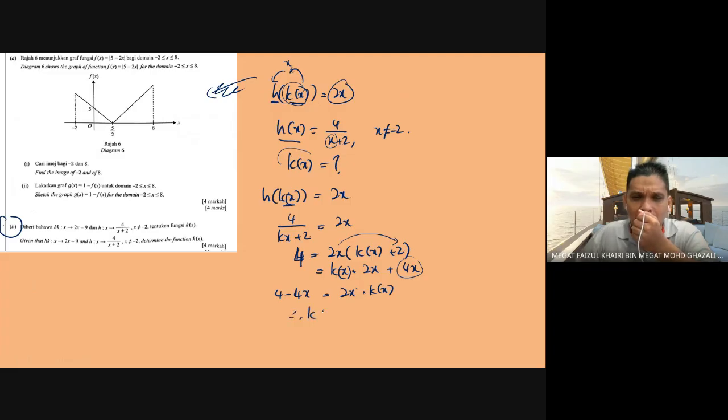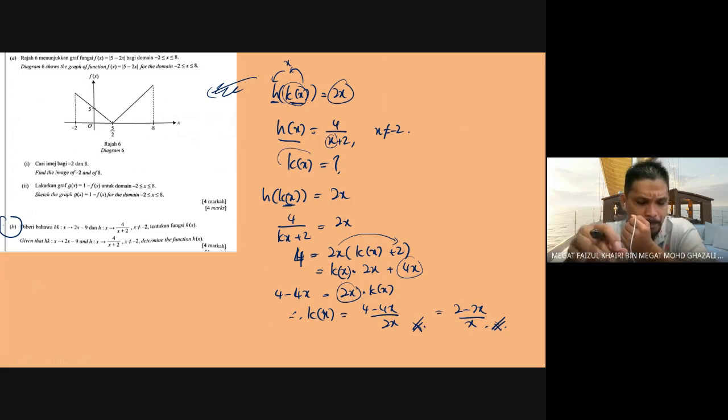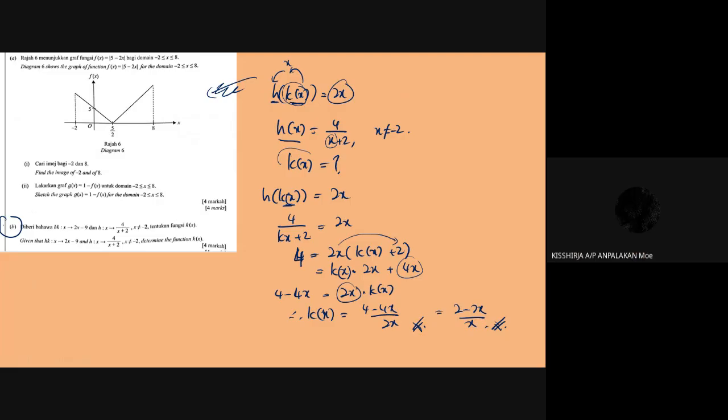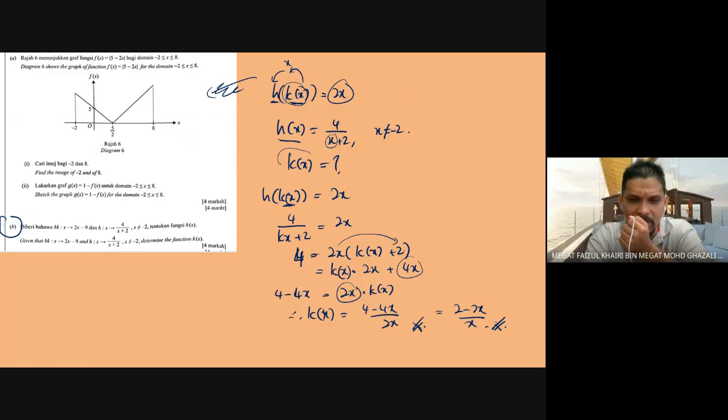So then k(x) equal to 4 minus 4x divided by 2x. Or maybe you can write it as 2 minus 2x divided by x. Did you get the same as mine? Yes, teacher. I just didn't simplify. Okay.